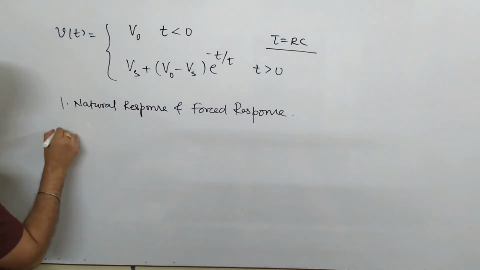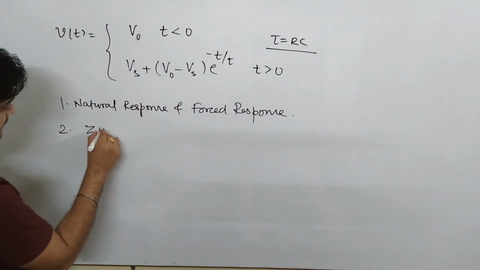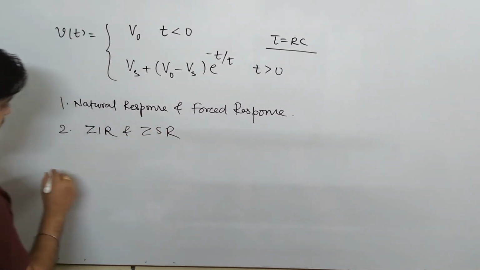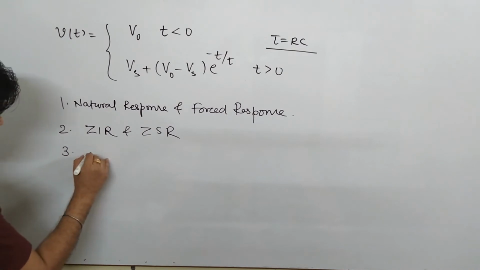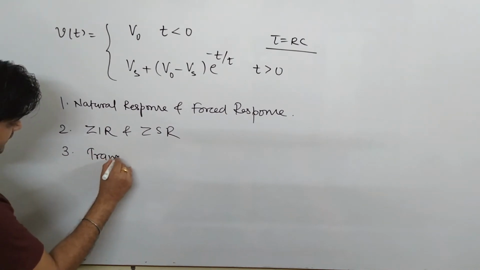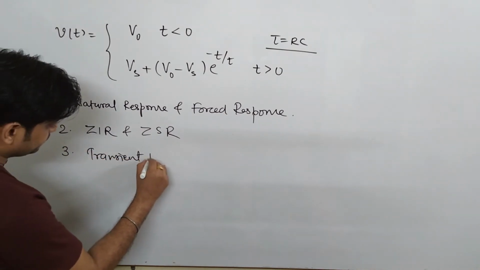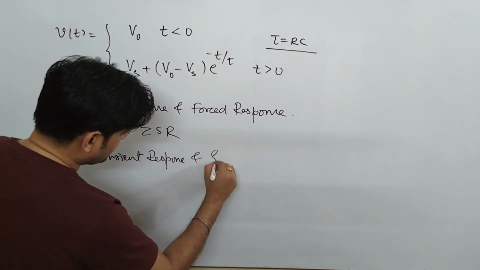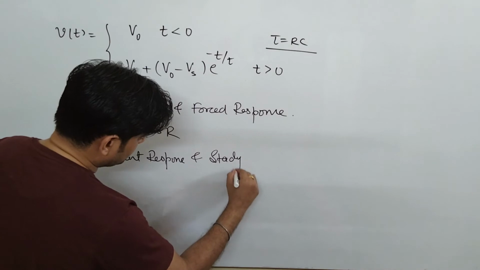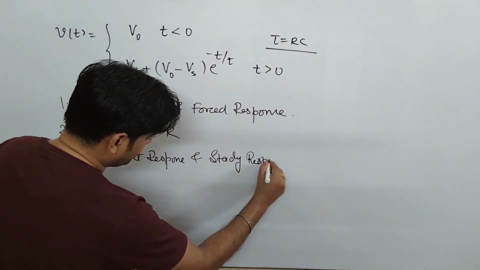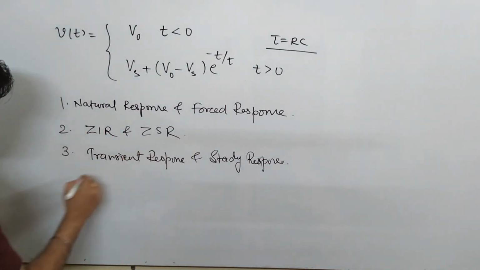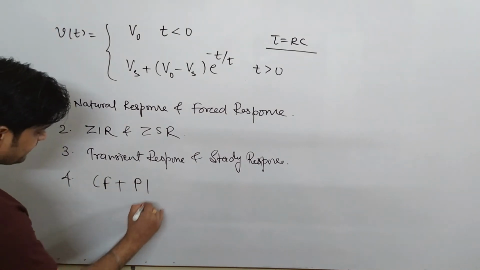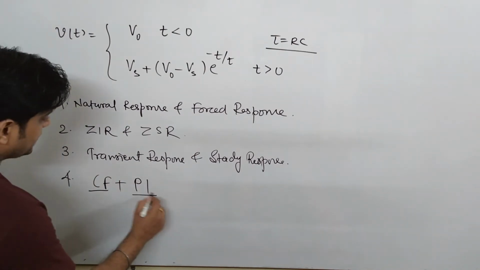This is our first point. Second is zero input response and zero state response. Third point is transient response and steady state response. And in mathematics, the other terms are CF plus PI, complementary function and particular integral.